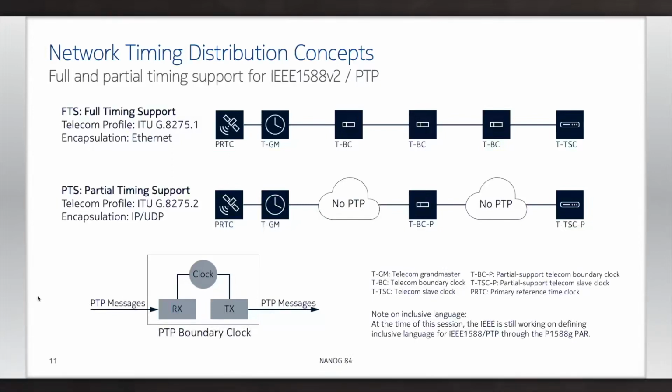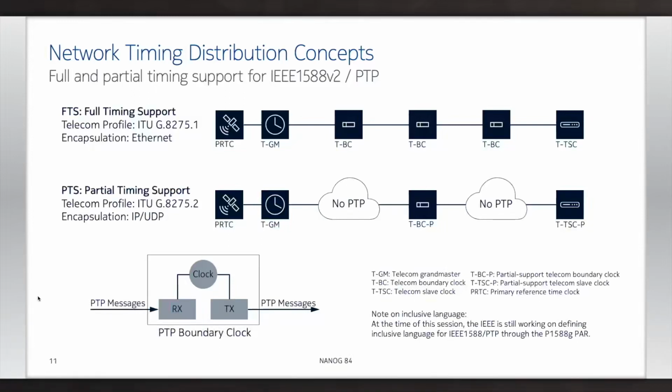It uses Ethernet encapsulation, so it's a node-to-node Ethernet encapsulation, and provides phase and time synchronization only. So for frequency, G.8275.1 typically uses synchronous Ethernet, which is a physical technology. So it's provided by the underlying physical signals of the Ethernet links between two elements.